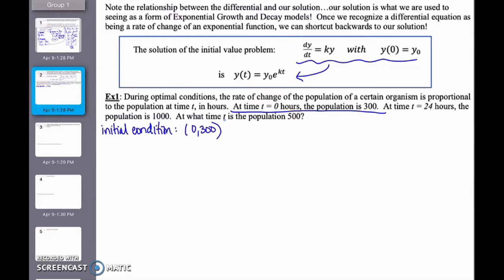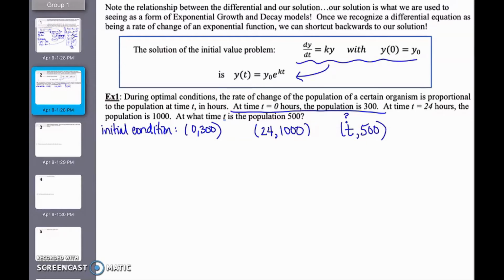At time t equals 24 hours, the population is 1,000, so this is another ordered pair. At what time t is the population 500? That's what we're trying to figure out.